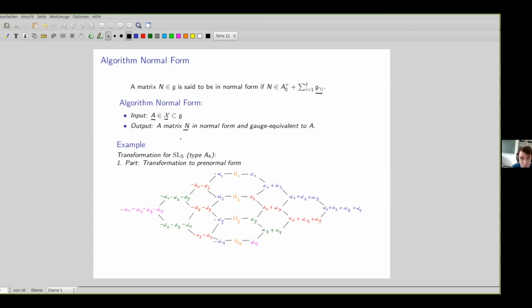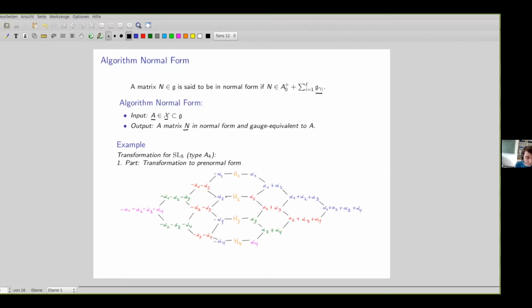So let me explain how this algorithm works, and the best thing is to explain it by an example, or by two examples. The first example is the transformation for the special linear group SL5, and the root system is of type A4.